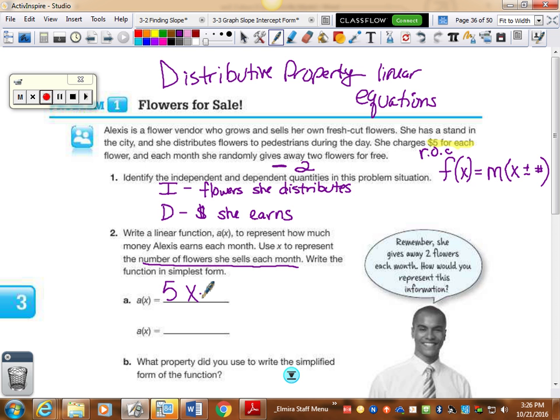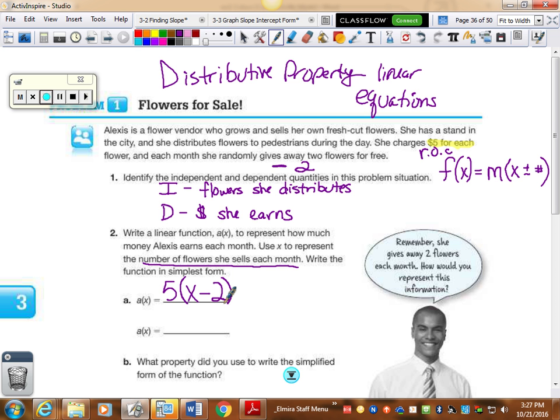The number of flowers actually subtracts by 2. In fact, we're subtracting off the 2 flowers that she gives away before we multiply by the 5, so that has to go in parentheses. So she's only getting $5 for every flower after the 2 that she subtracts off. So that's why it's in parentheses.